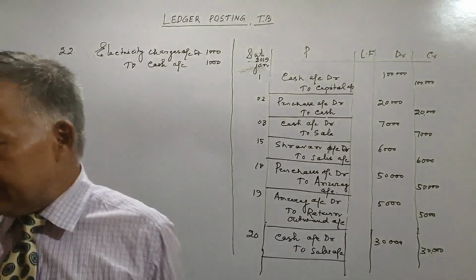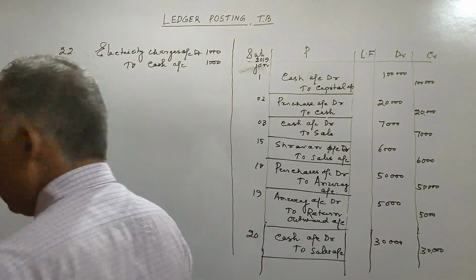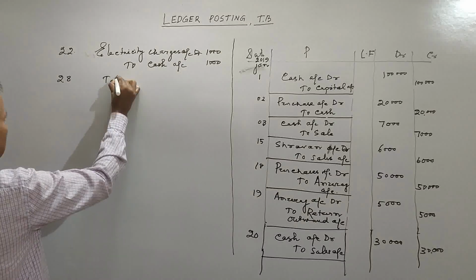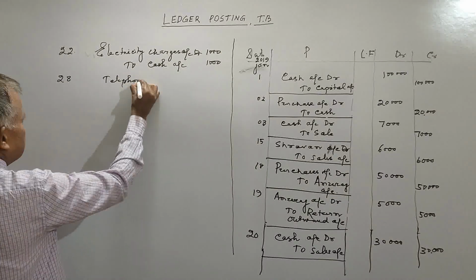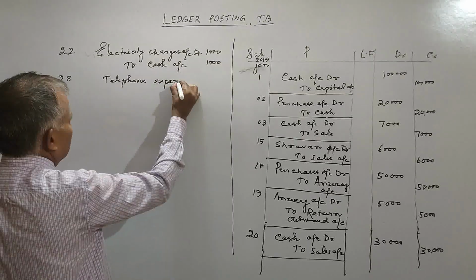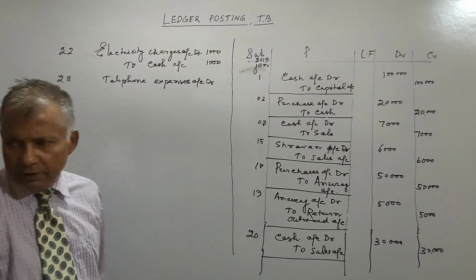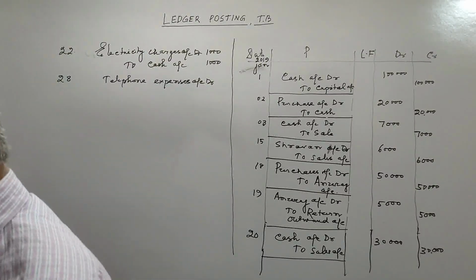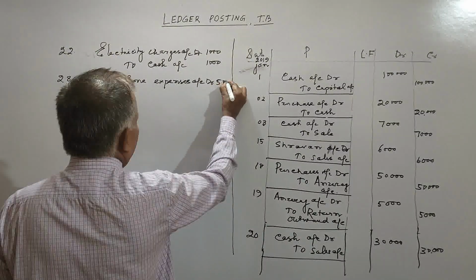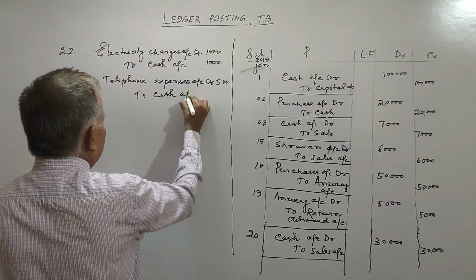So electricity expenses paid. Telephone bill 28, paid telephone bill. So this is again expenditure, telephone expense account debit 500 to cash account.